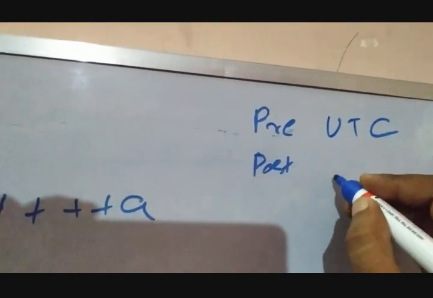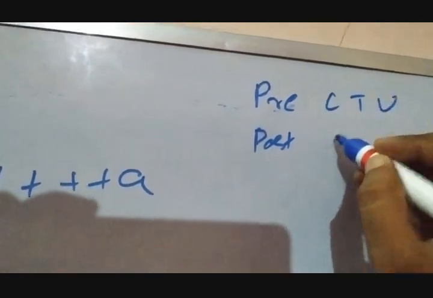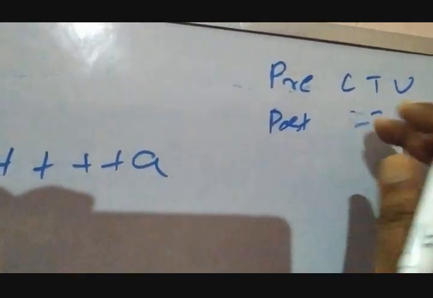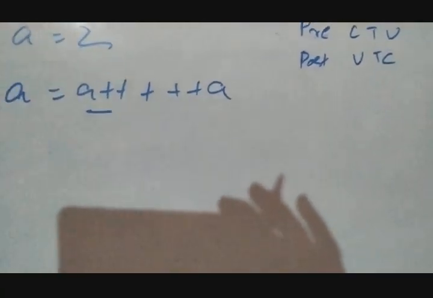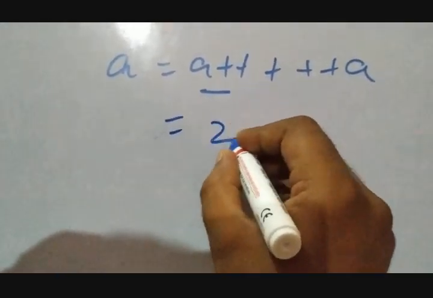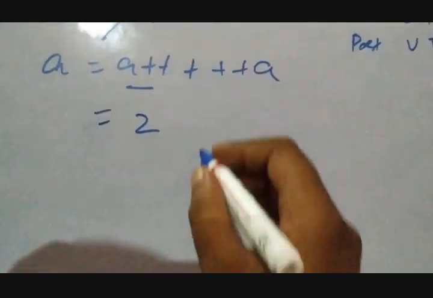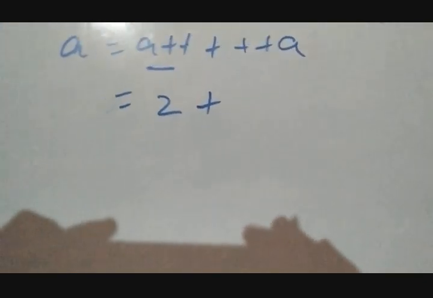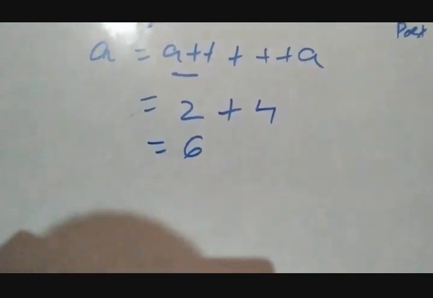Prefix is change then use, and postfix is use then change. So a++ is postfix, so you will use the value 2. Now the value changes in the memory to 3. Plus ++a, it's a prefix, change then use, change the memory variable to 4 and then use, it is 6.